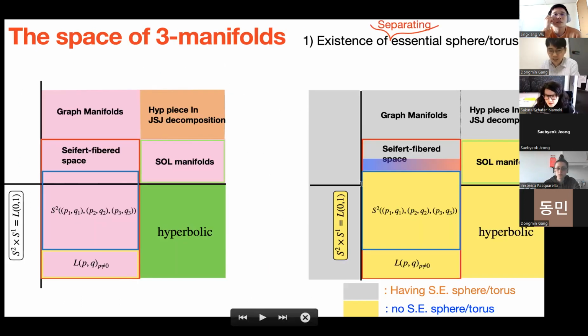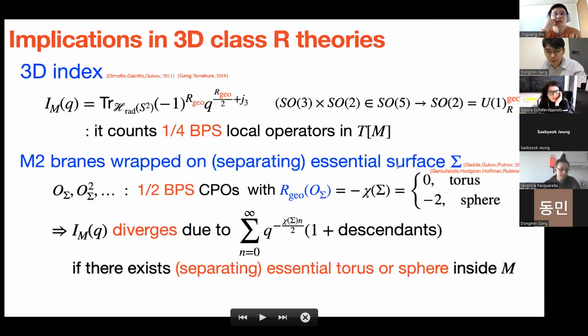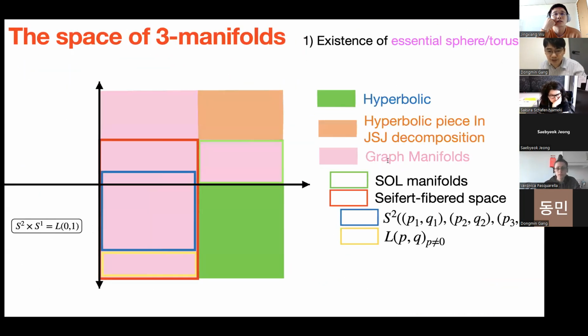Dongmin? Yeah. Can you say it again? What is that rainbow colored piece? This one. Yeah. In this color cases, we are considering some graph manifold, this kind of graph manifold, and there's another class of the graph manifold.